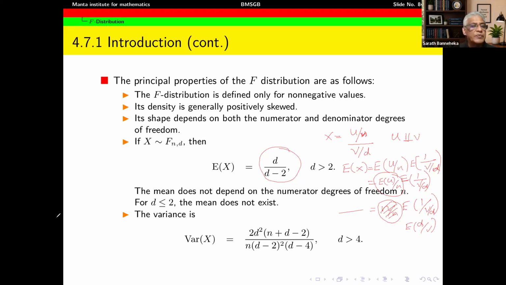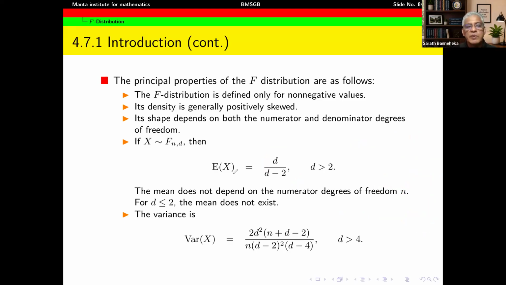I just wanted to show you why the expected value doesn't depend on the numerator degrees of freedom N. You can see that D has to be greater than 2, otherwise this quantity can be negative, which is not possible because X is a positive random variable, so its expected value cannot be negative.